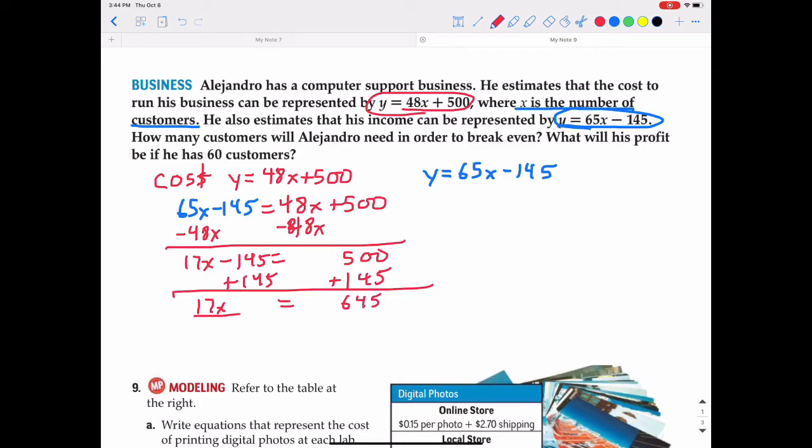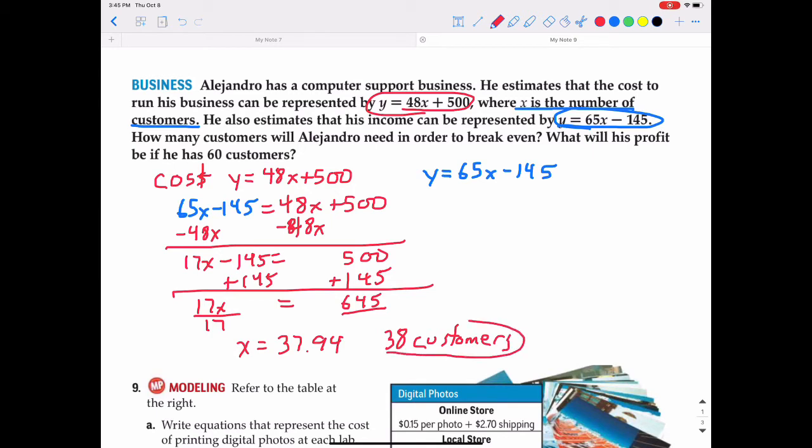And then divide by 17, and we get x equal to about 37.94. This is a little tricky part because we didn't do anything incorrect on this one, but we can't have 0.94 of a customer. So in order to represent a whole number of customers, we need to round that up to 38. So 38 customers is what's going to be needed in order to break even.